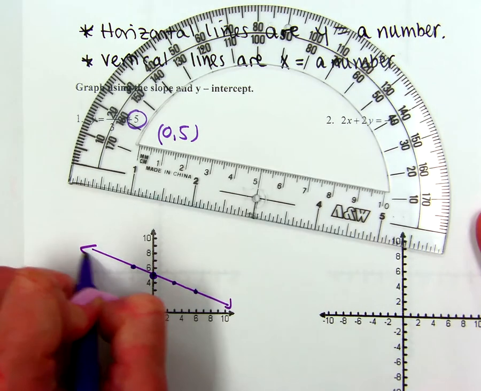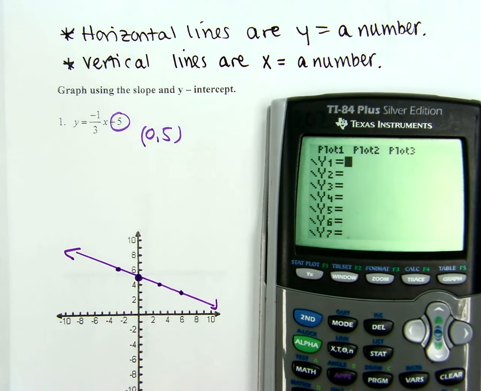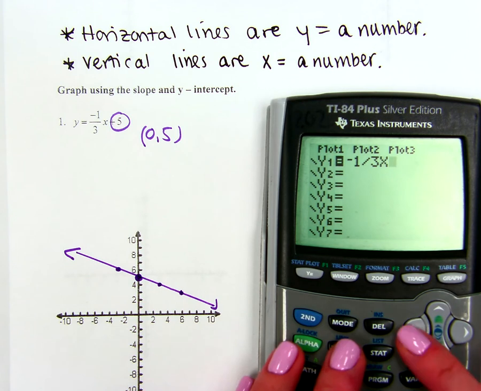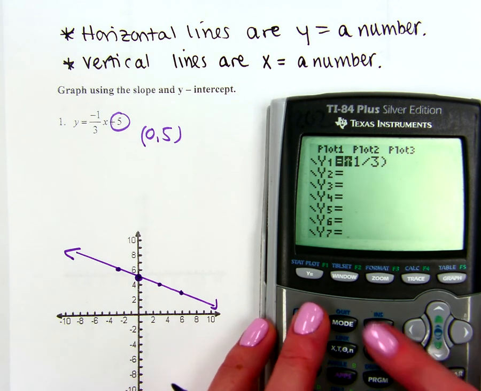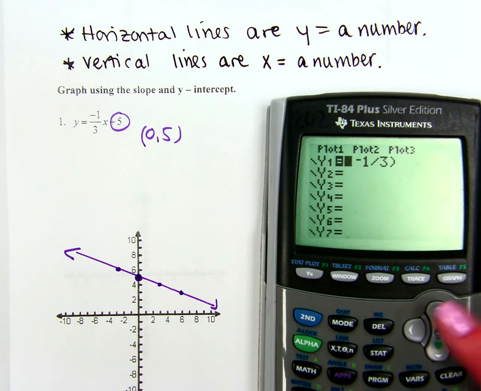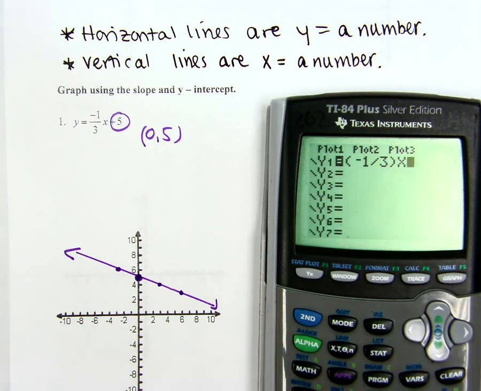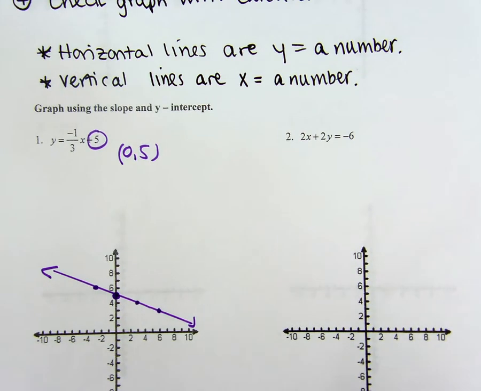Make sure you put arrows at the end because our graph continues. Let's double check that quickly on our calculator, make sure it matches. I'm going to put in -1 divided by 3x plus 5. My graph looks like it matches, so we did that one right.